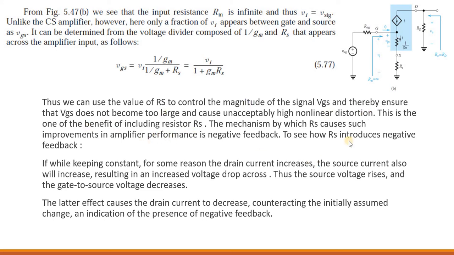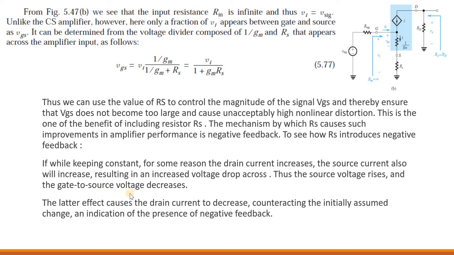Okay, to see how this Rs introduces negative feedback, keeping Rs constant, suppose for some reason the drain current, that is the output current, increases. That indicates the source current is also increasing, resulting in an increased voltage drop across Rs. Thus the source voltage rises and the gate to source voltage decreases. Is that correct?